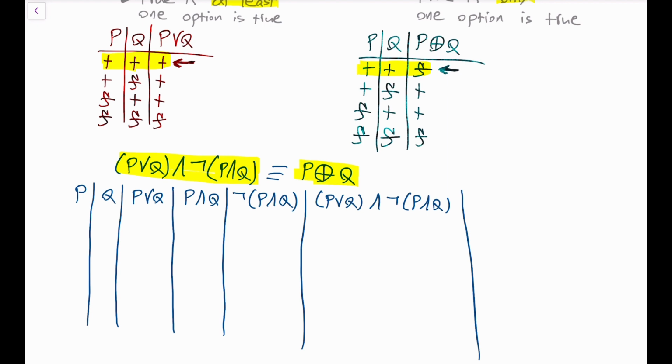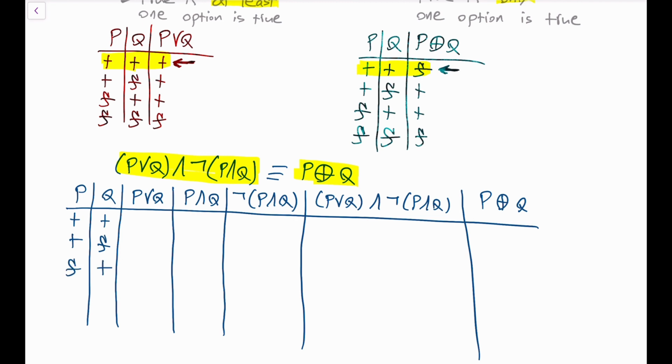And then finally we have P exclusive or Q. So P can be true, Q can be true, P can be true, Q can be false, P can be false, Q can be true, and P can be false, Q can be false.